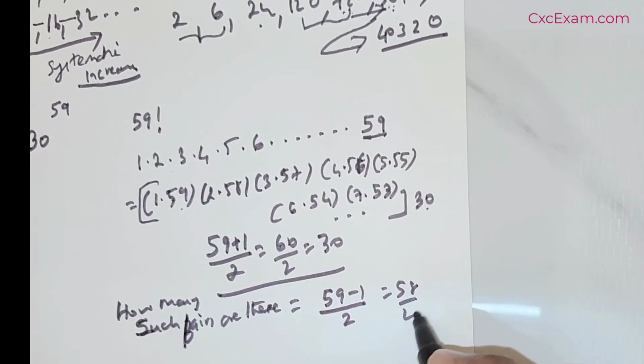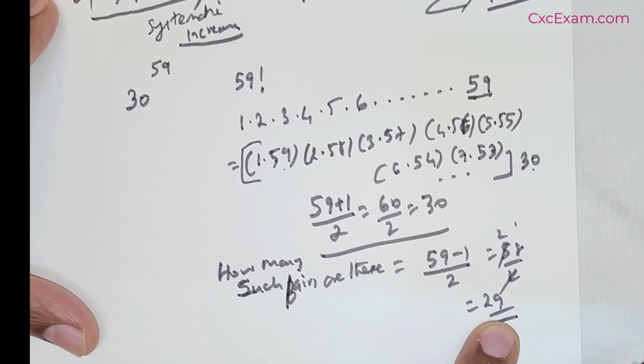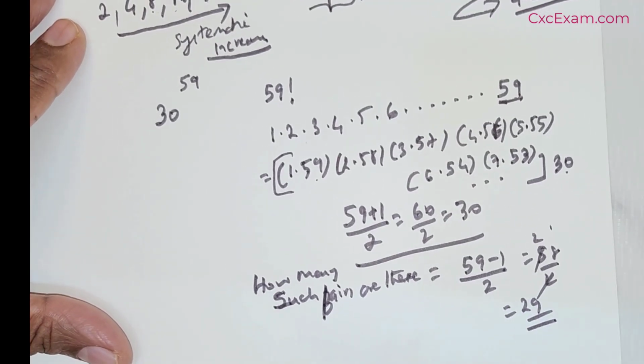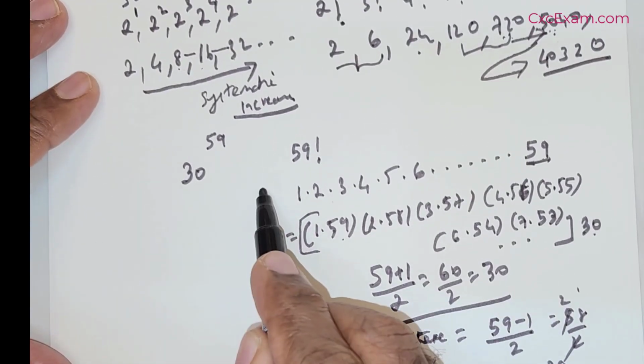This is going to be 58 divided by 2, which is 29. So 29 such pairs are there. This is a very important information. Having got this information, what I wish to do is go to the other side.